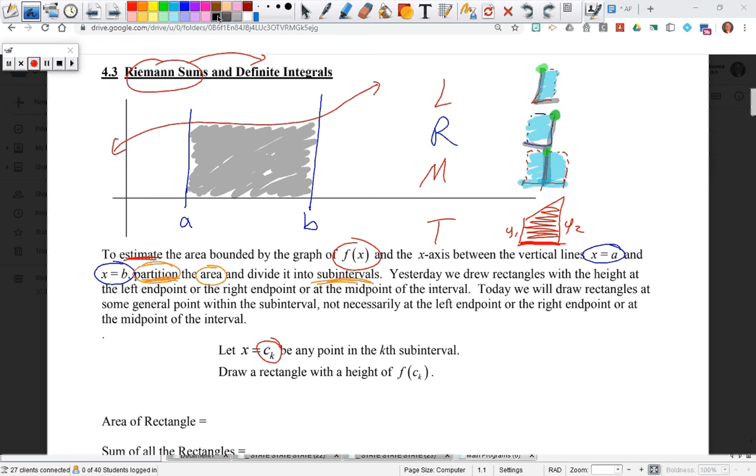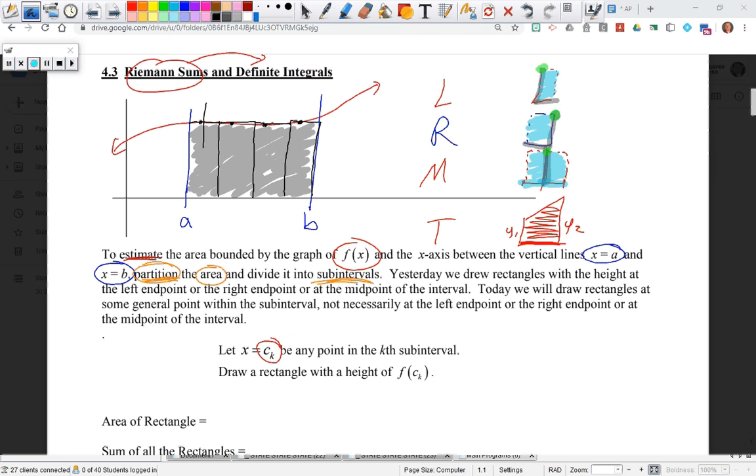So let me draw a rectangle real quick. Let's say that I wanted to have a rectangle that looked like this, and then another rectangle that looked like this, and then another rectangle that looked like this, and last but not least another rectangle that looked like that. This almost feels like I did it not at left, right, not even at midpoint. It almost feels like I did it like 30% of the way or 25% of the way. Do you agree?